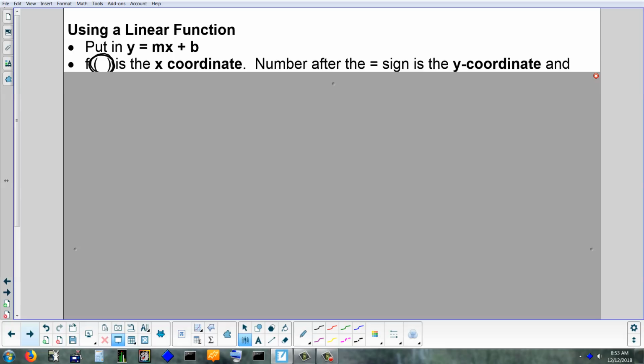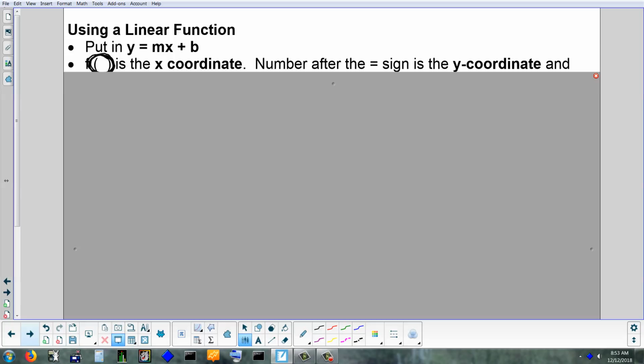We're going to give you two points written in function notation as opposed to coordinate notation. Whatever number is in the parentheses, that's your x-coordinate. Whatever number comes after the equal sign is your y-coordinate. So you can still make two sets of coordinates out of it.